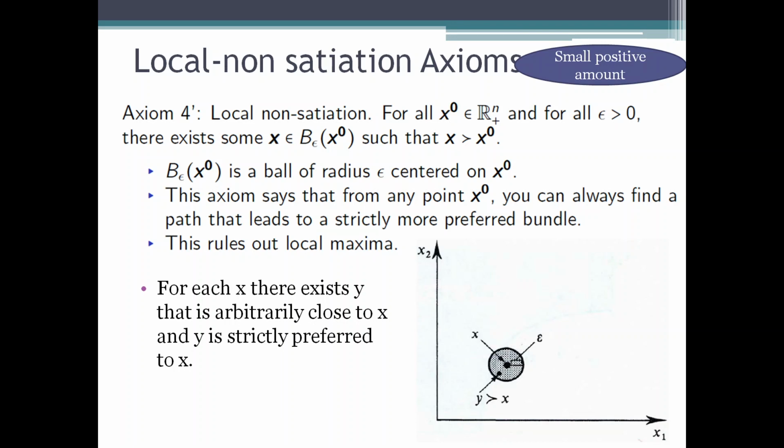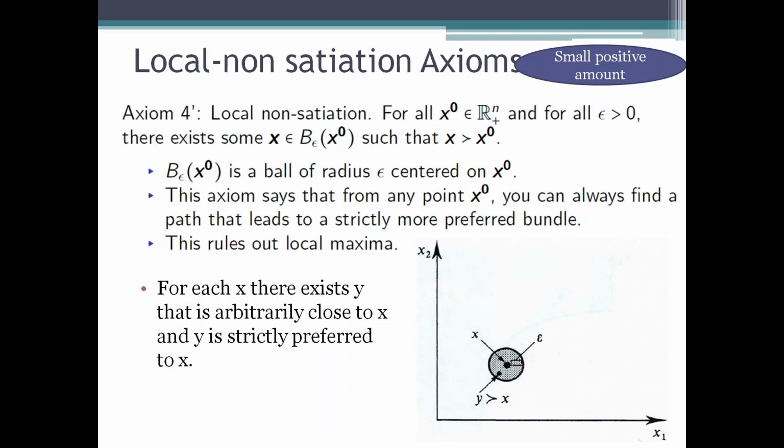So according to this axiom, we are assuming that there will always be another consumption bundle that is very close, that is a neighbor to x naught, such that it will be strictly preferred to x naught.